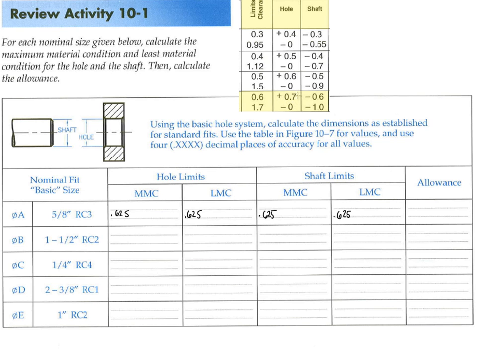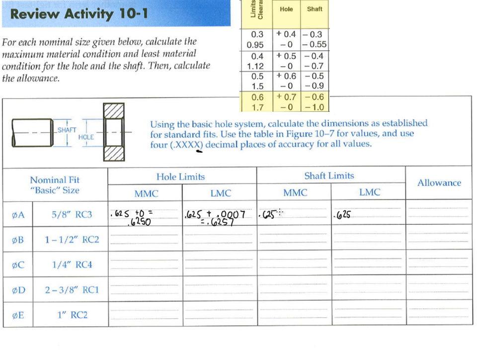So the 0.7 is going to be my least material condition, and I'll write it like this: 0.625 plus 0.0007, 3 decimal places and then my 7, and that'll be equal to 0.6257. And in this case here, I will add 0, and that will be equal to 0.6250, because I have to work everything out to 4 decimal places.